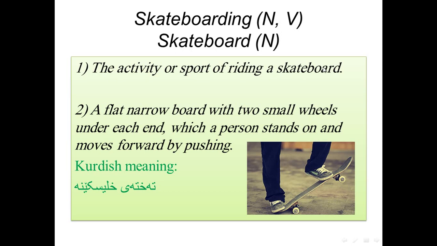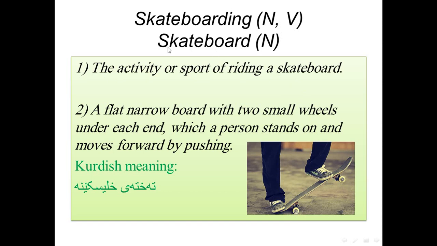So you may ask, what's a skateboard? As given in this picture, this is a skateboard. It's made of wood, and as you see, there are small wheels at the ends. There should be two wheels here, and at the other end there should be two other wheels.